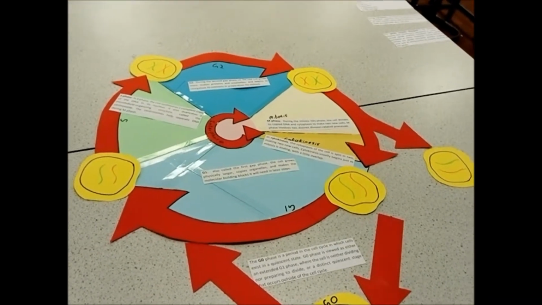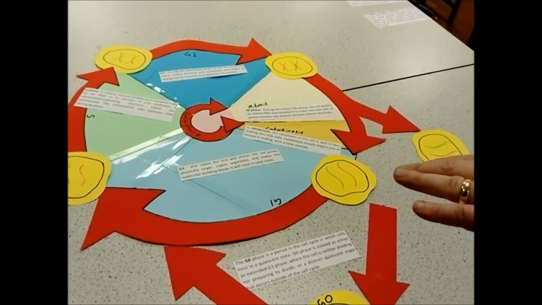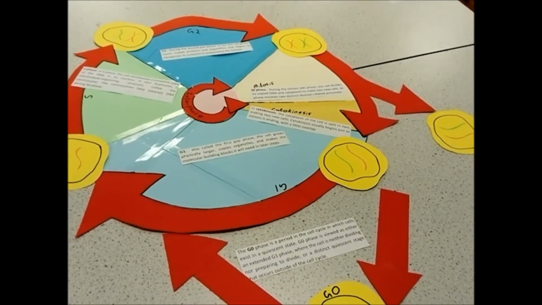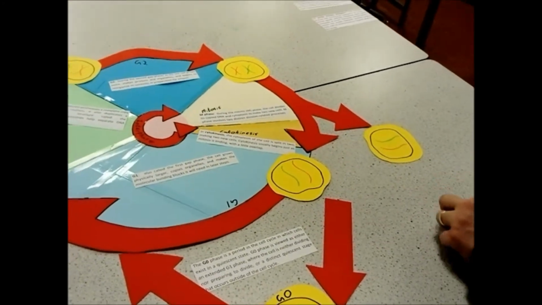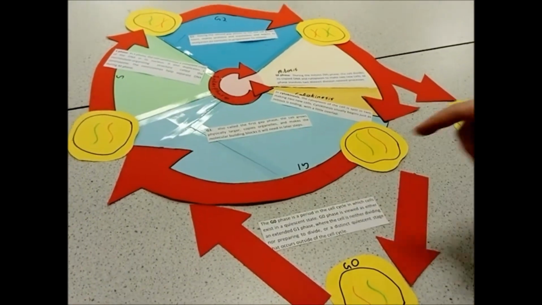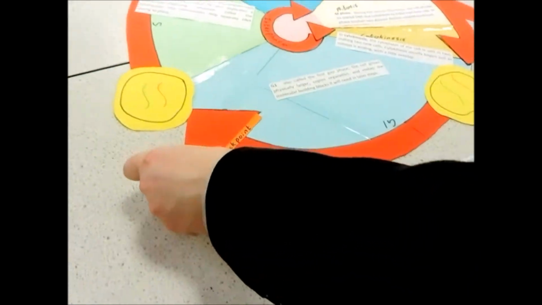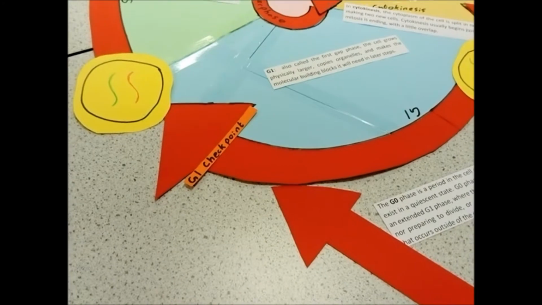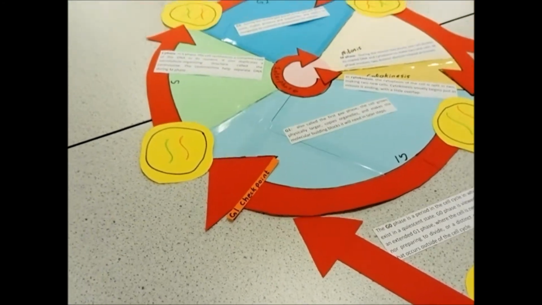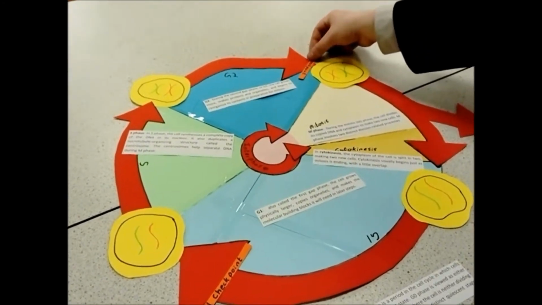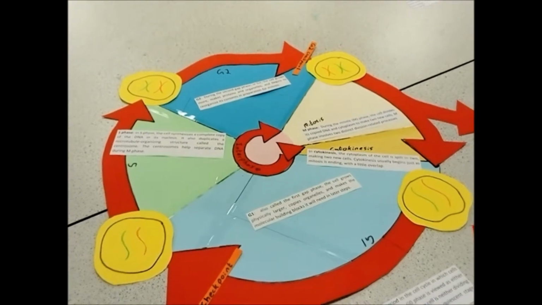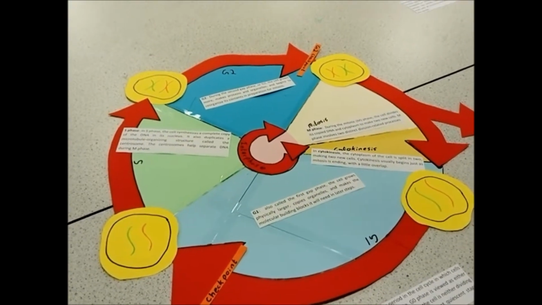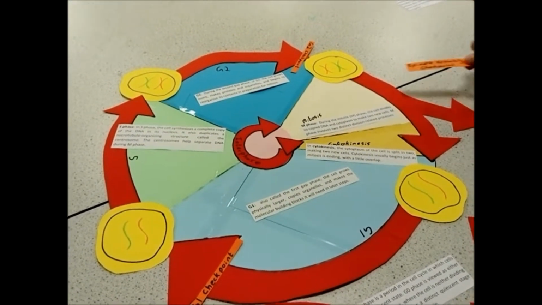So the second features of the cell cycle that we need to consider are the checkpoints. At the end of your G1 phase, there is a G1 checkpoint. At the end of the G2 phase, there is a G2 checkpoint, and in mitosis, there's a spindle assembly checkpoint.